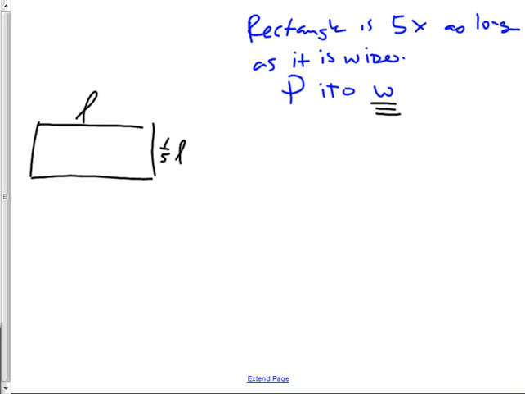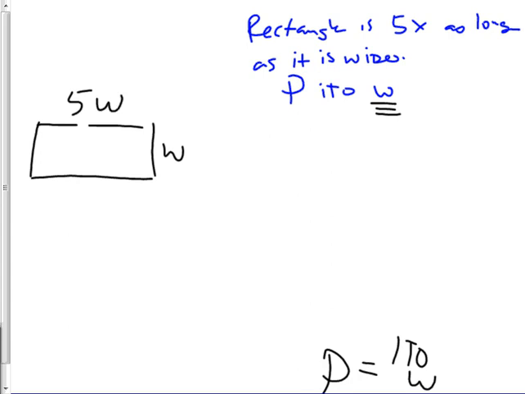If that's your goal, perimeter is something in terms of width, you better have a W in your problem. I know you would have on this one naturally, but sometimes you have to look at that and say, if they want it in terms of width, I better have a width in my drawing. There's W, and this is 5W.